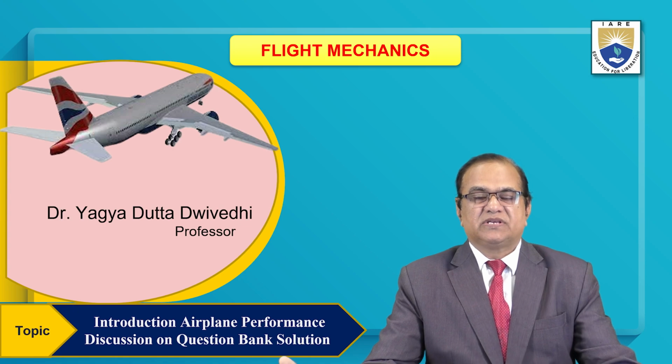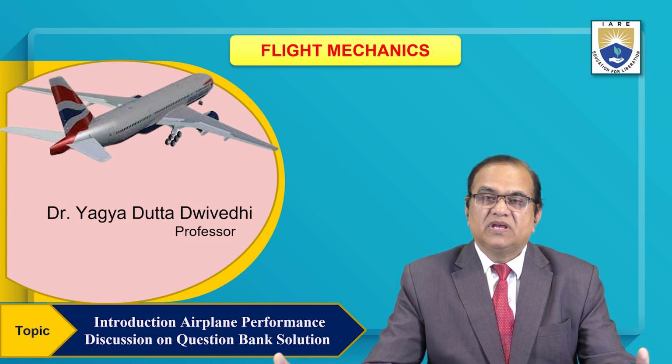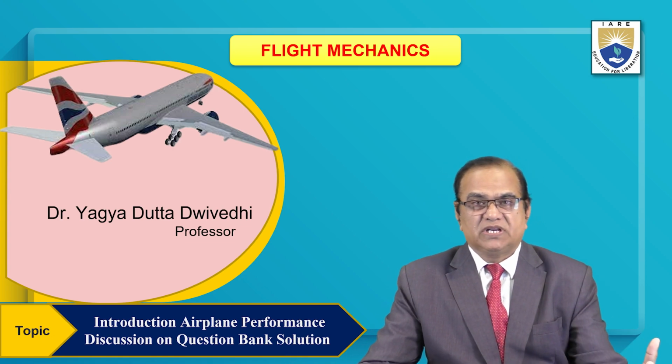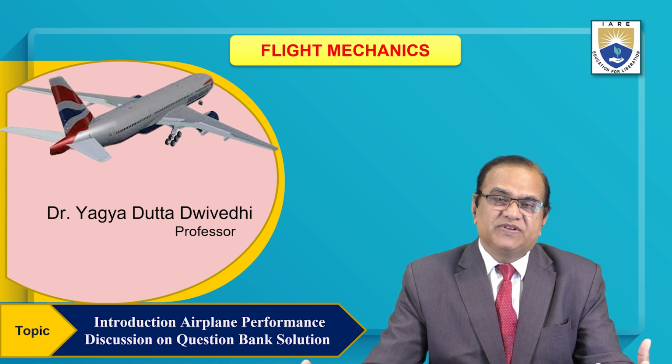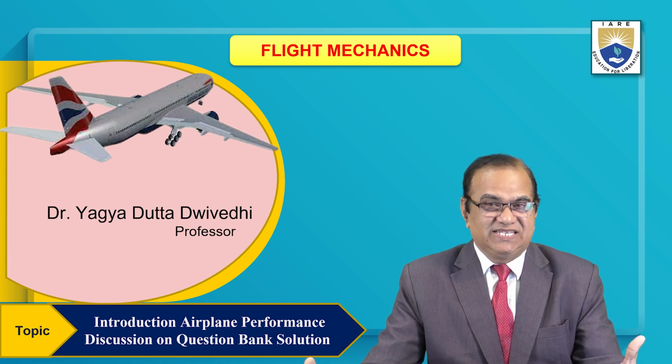airplane performance the two parameters are very important, that is lift and the drag. In our module 1, we have seen that lift is equal to half rho v square S CL, and drag is equal to half rho v square S CD.